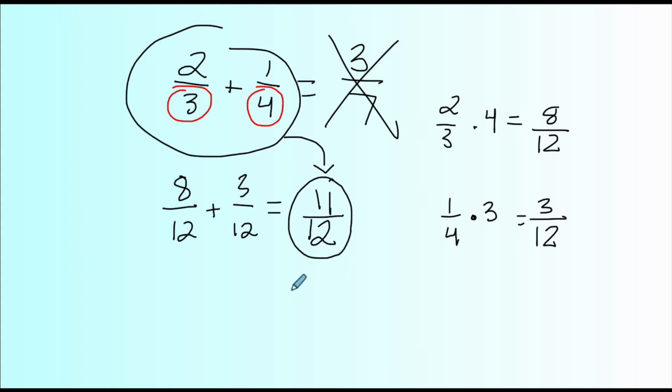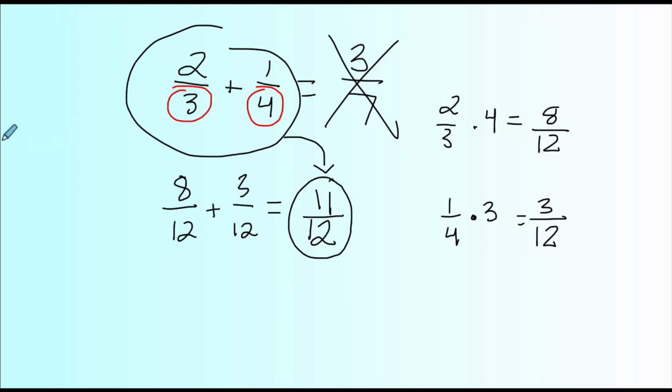And you do that by step 1, find common denominators, rewrite your fractions, and then add the numerators. The top number is 8 plus 3. And that'll tell you how many twelfths you have. It works the same way for subtraction, except instead of adding the numbers on the top, you would be subtracting the numbers on the top.